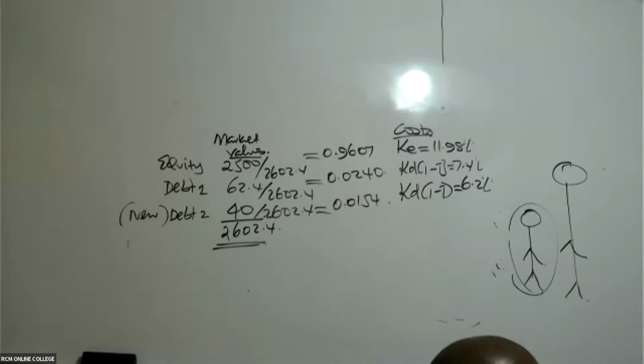So what are your 2 values, Caroline? 5% and 20%. Yeah, because they are way above.